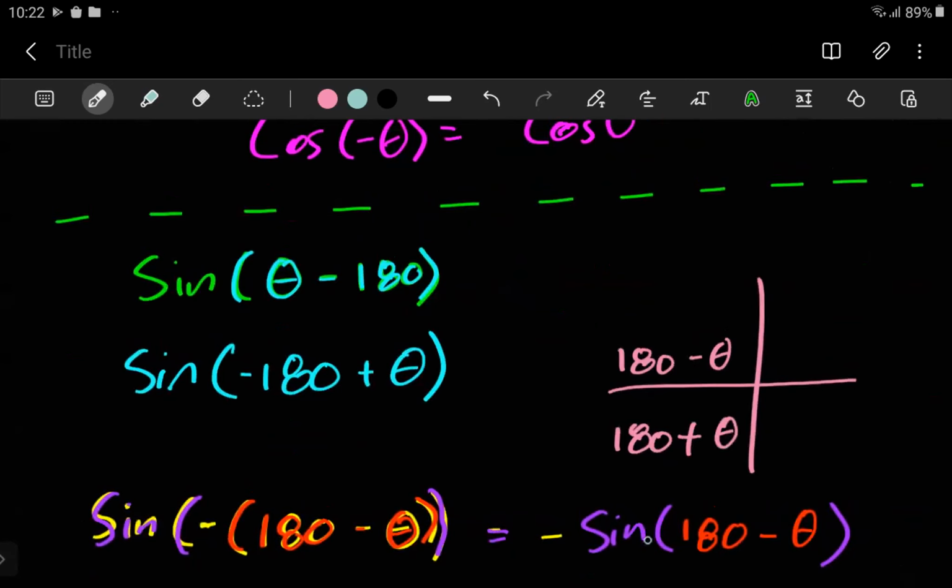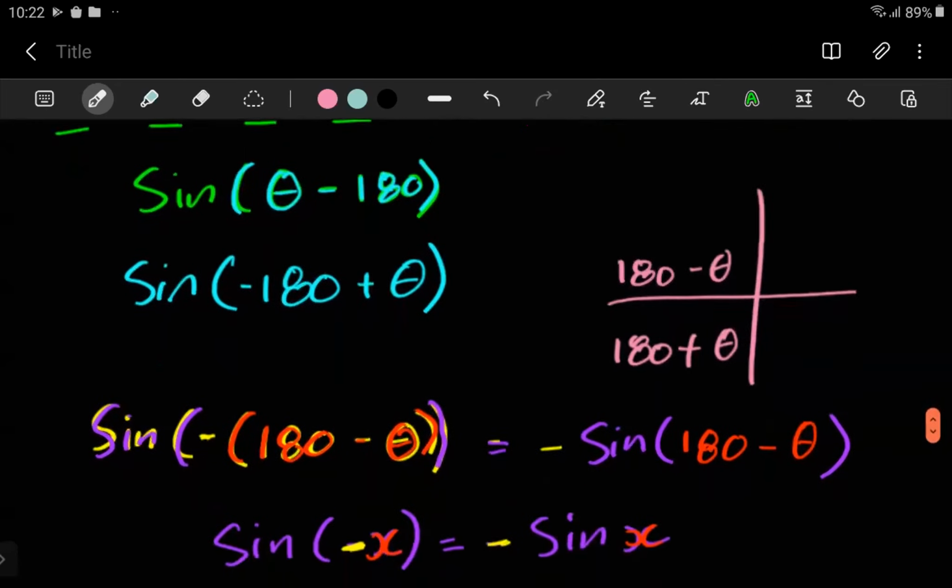This whole big thing is just a placeholder to say that as long as there's an angle here and a minus there, you can write this minus outside. Does that make sense? Yes, it makes sense.